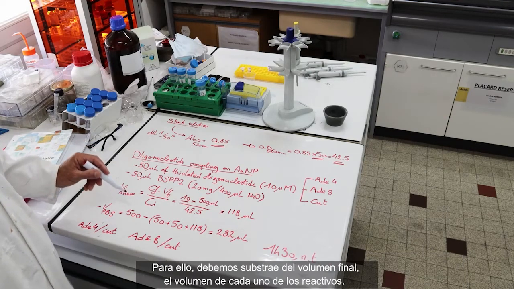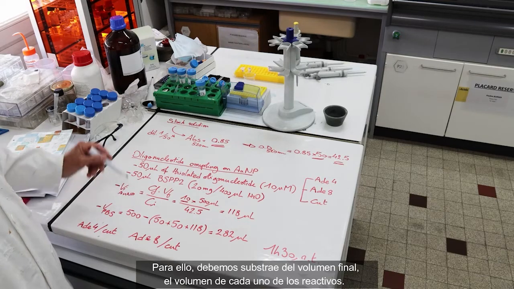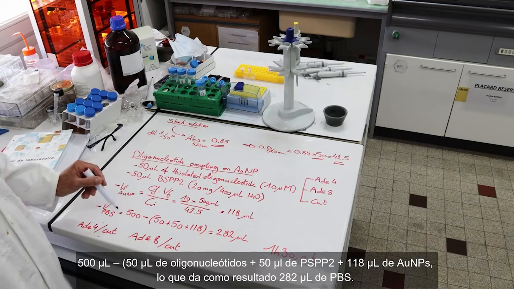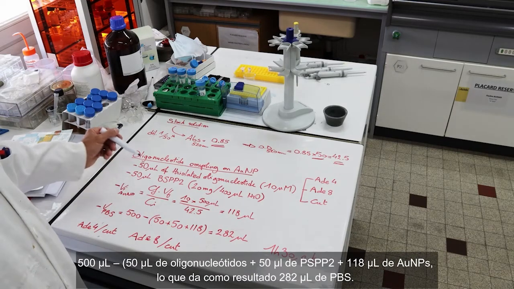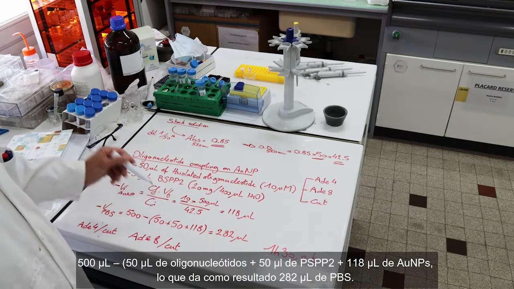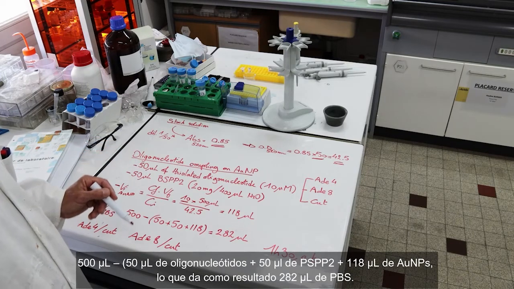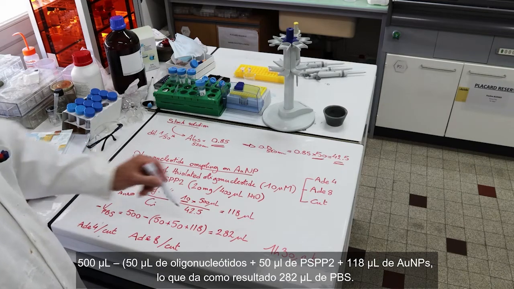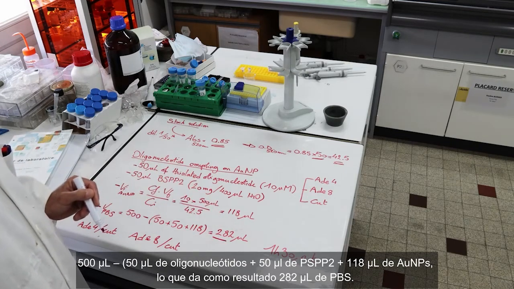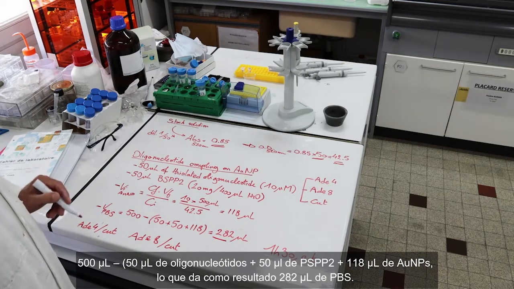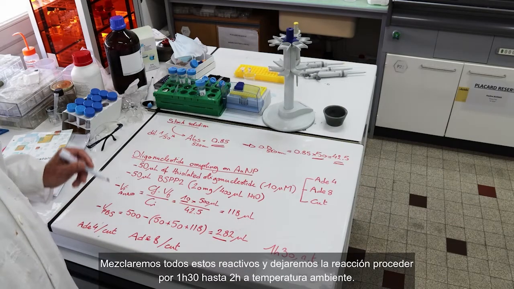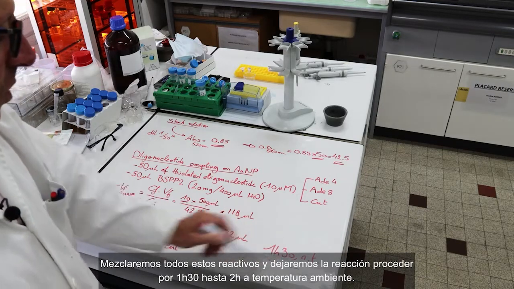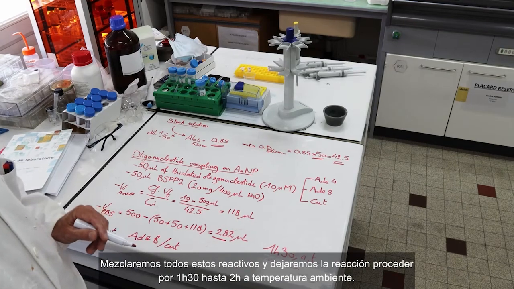To do that, I have to subtract the volume of each of the components from the final volume. 500 minus 50 microliters of oligonucleotides plus 50 microliters of BSPP2 plus 118 microliters of gold nanoparticles gives 282 microliters of PBS. I will mix all these reagents and leave them to react on the bench for 1 hour 30 up to 2 hours at room temperature.